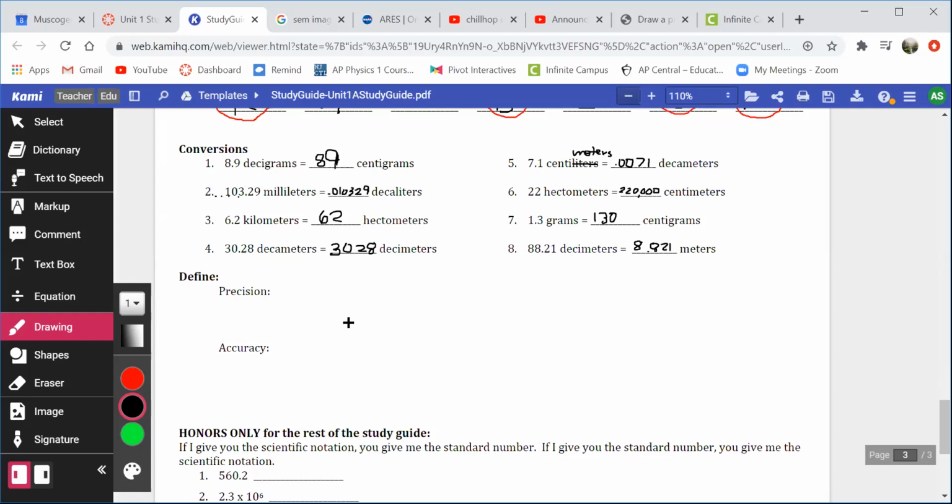But when we're talking about science, it's how closely grouped your data is. And the way to ensure that you do that is to do your experiment the same way over and over again. Now we're talking about accuracy. What is our definition for accuracy?